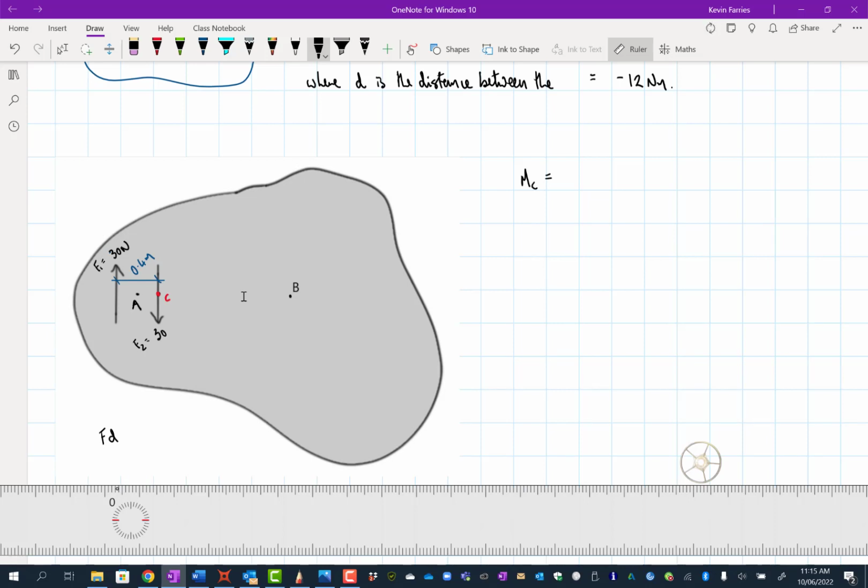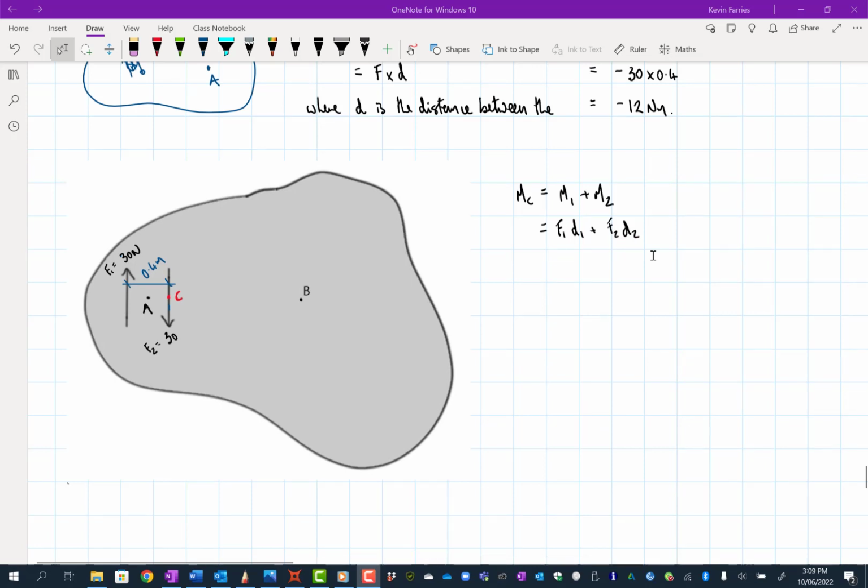So we could say that the moment about C is equal to M1 plus M2. M1 is the perpendicular distance to that point, so it's just going to be 0.4 meters, and the force is 30. Let's write it out: F1 times D1 plus F2 times D2.